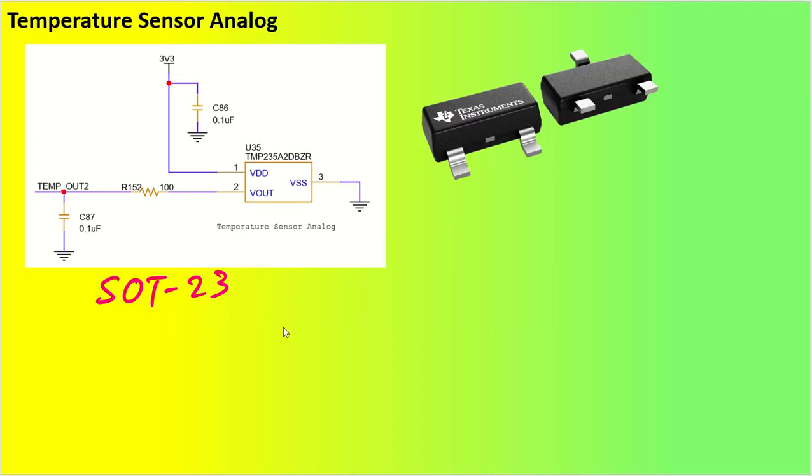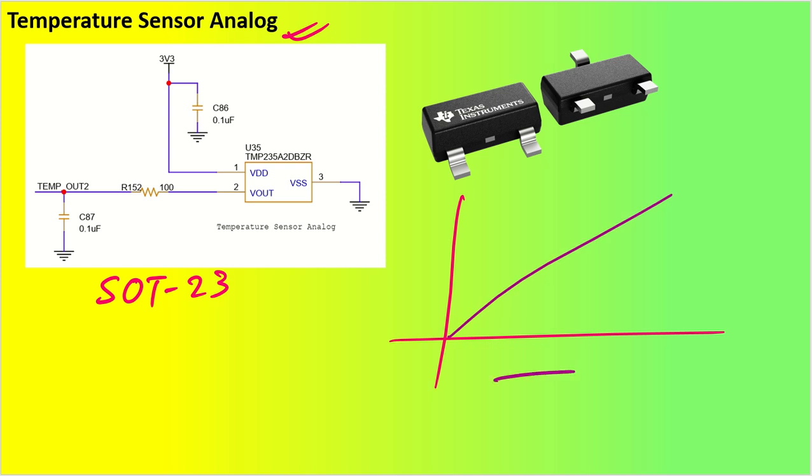Let us say another circuit. This is very widely used for temperature sensor measurements. There are a lot of ICs like this which have very good capability to give you a linear variation of voltage based on the temperature. So this is my temperature, and this is my voltage output.